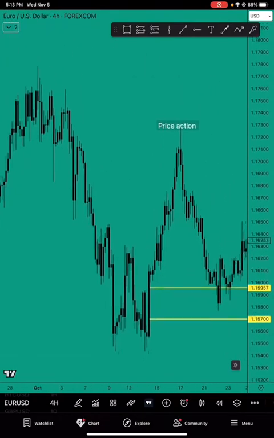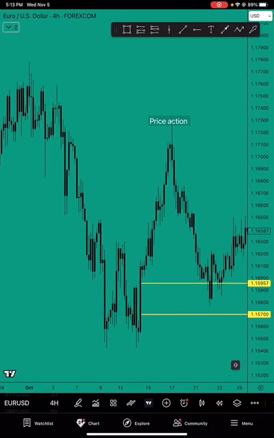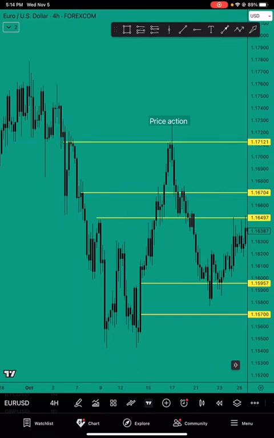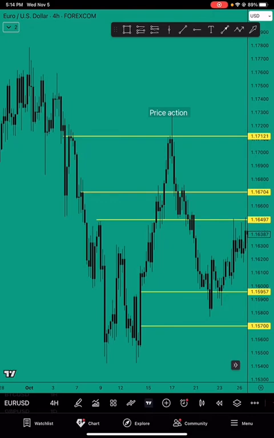What was the next high? If we're down here, what was the next high? And that next high was here. And then you also had a high here. And then you also had a high here. So these are the areas to where swing traders are going to be looking for price to continue.